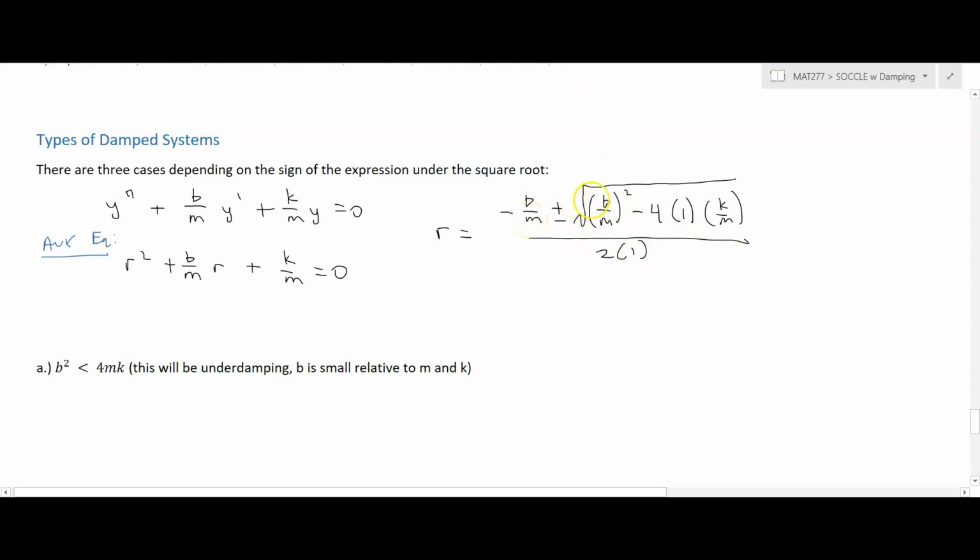Now the number of roots is really what we're after here. The way we determine the number of roots is by this thing that we call the discriminant. So this quantity under the radical is called the discriminant.